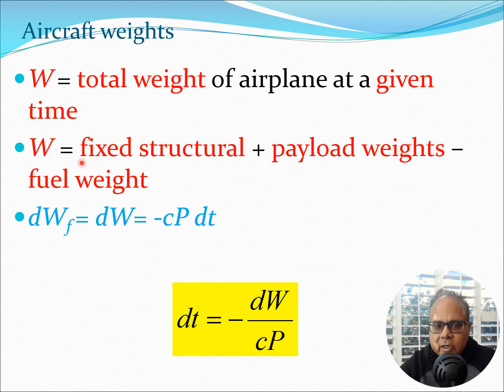So W keeps changing, and if we take the derivative of W, we will see that dW is minus C P dt. This is the equation we are dealing with here, because fuel is being expended and hopefully none of your structural weight has gone or none of your payload has been jettisoned. In that case this equation will hold. From this equation we get back to our equation for time, which is dt is minus dW by CP. Of course now we have to integrate this equation to get the time from dt.